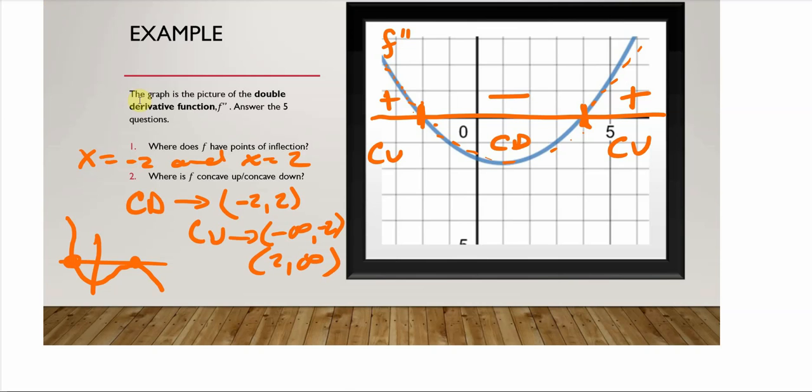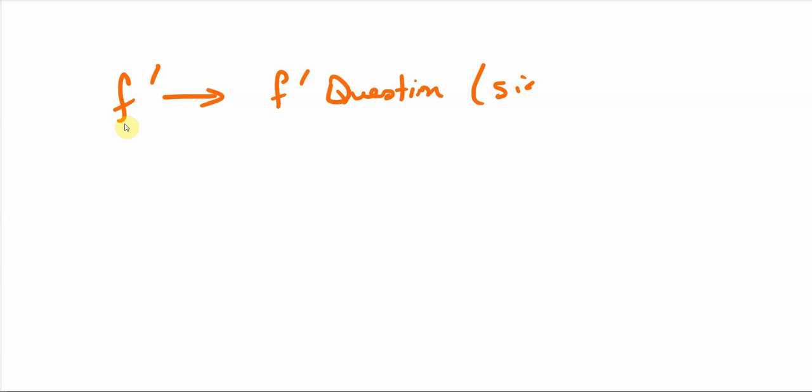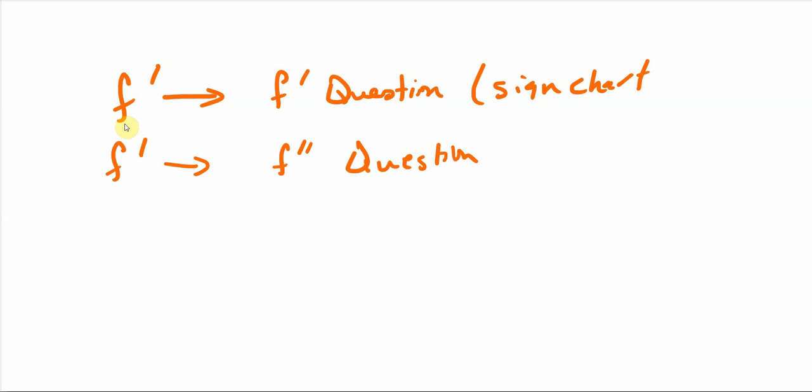Okay? So what do you need to get out of this? Here's what you need to understand. If I give you f prime and I ask an f prime question, we're going to use the sign chart. If I give you f prime and I ask an f double prime question, like points of inflection or concavity, then we're going to look at its slope.